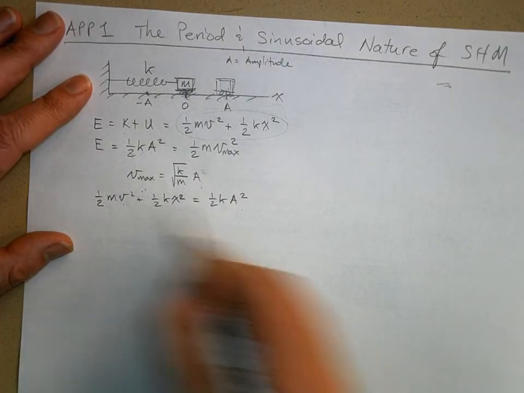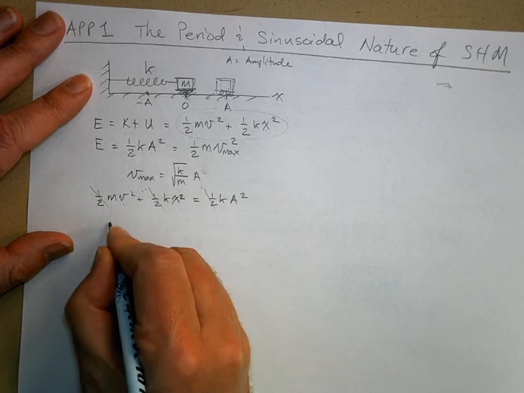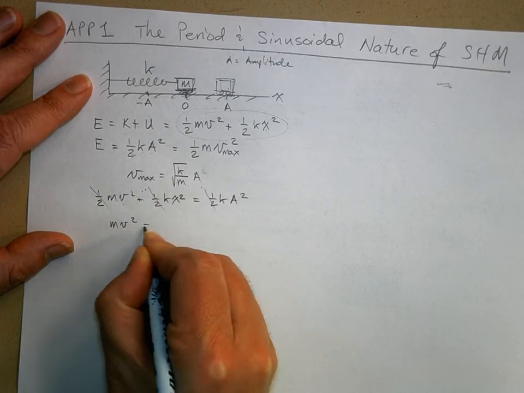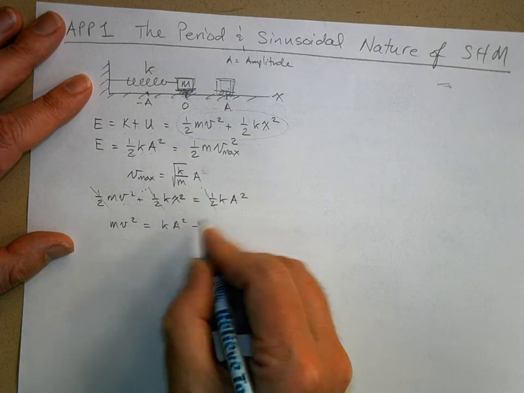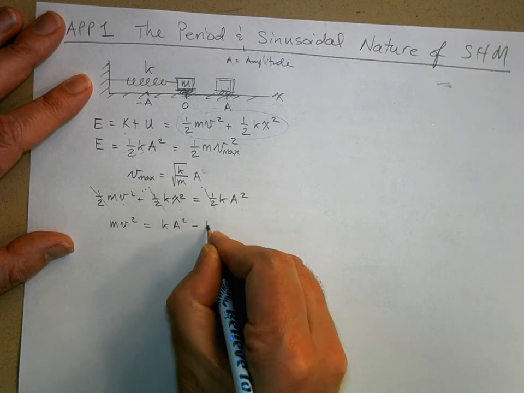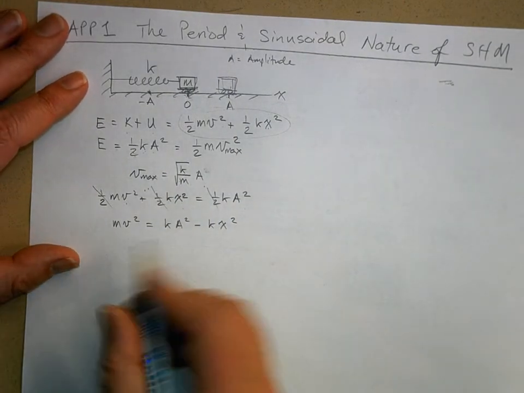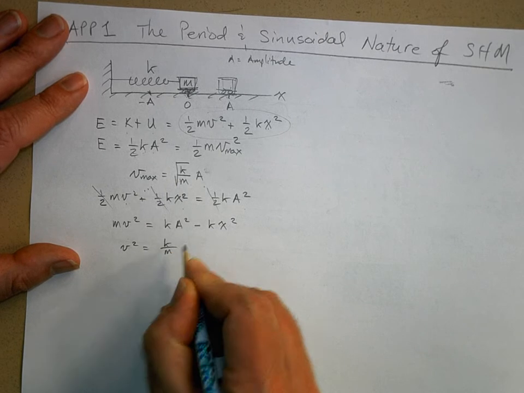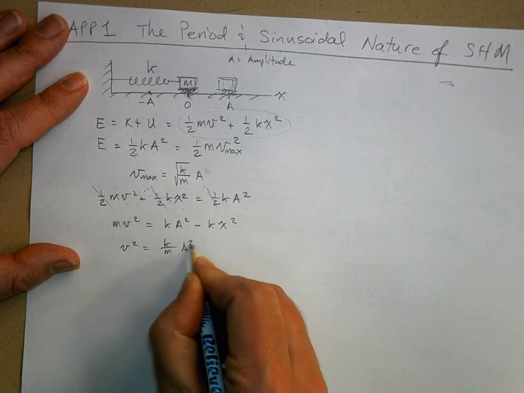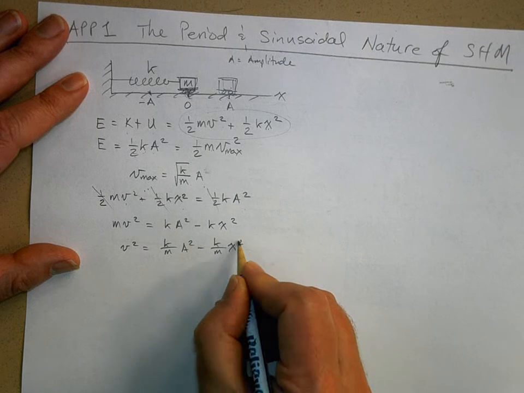First of all, the 1/2s go away, and I get mv squared equals ka squared minus kx squared. Then I'm going to divide both sides by m. v squared equals k over m times a squared minus k over m times x squared.